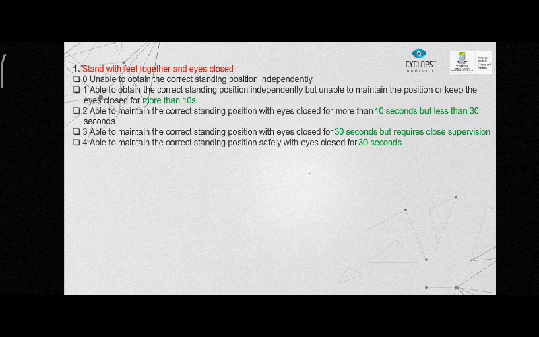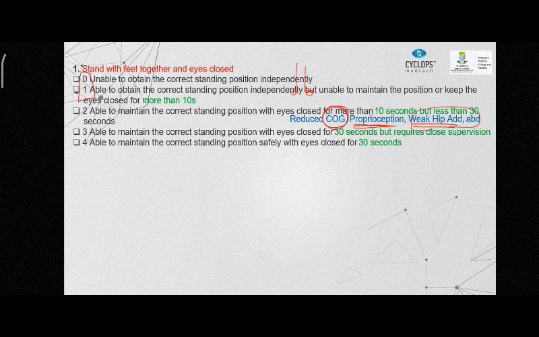So what does it mean? If the patient has a score of 0 or 1, we can assume that he is not able to stand properly with the eyes closed. So this patient might have a reduced center of gravity control, reduced proprioception, or weak hip adductor and abductor muscles.